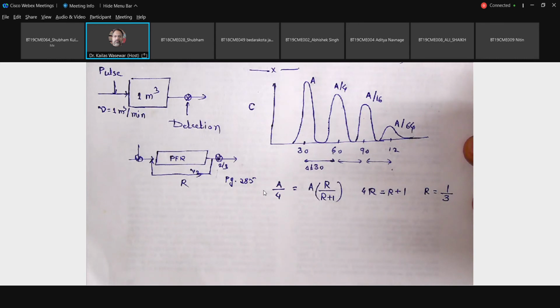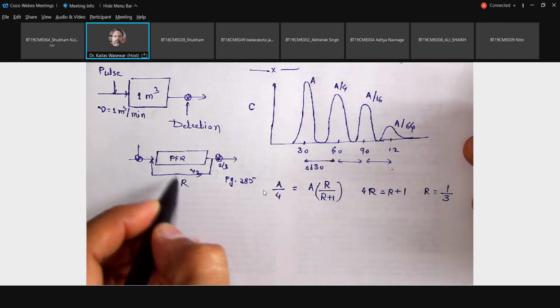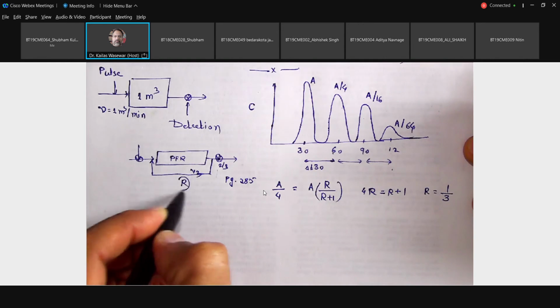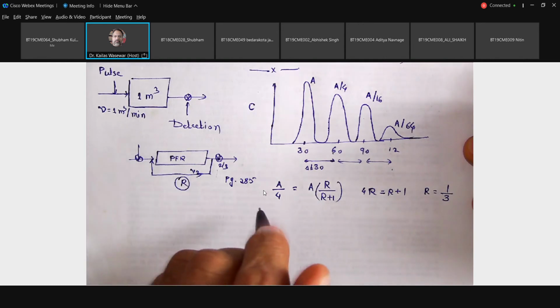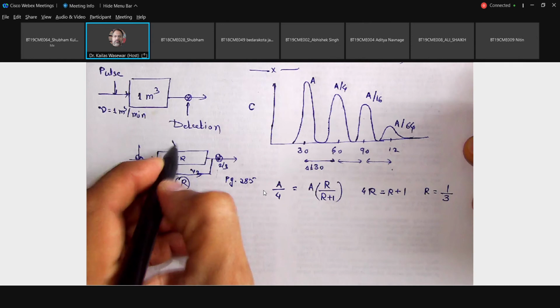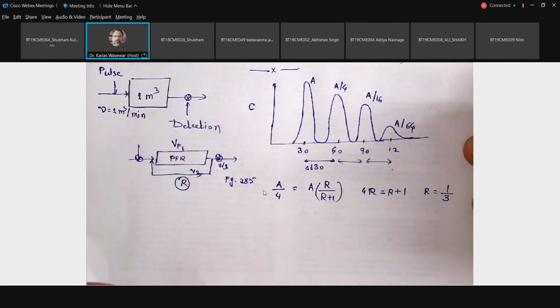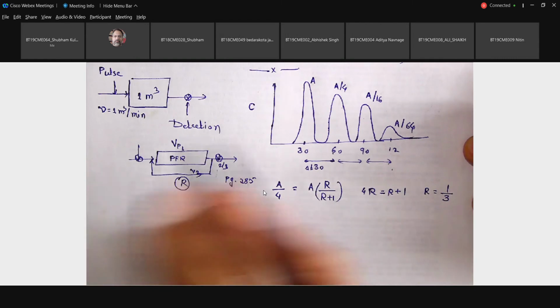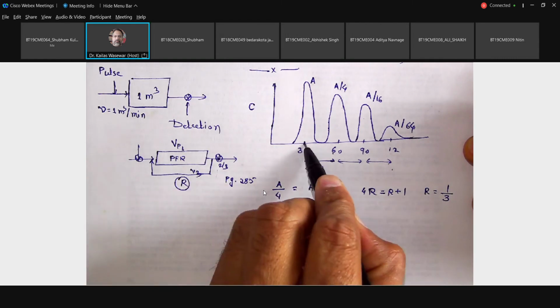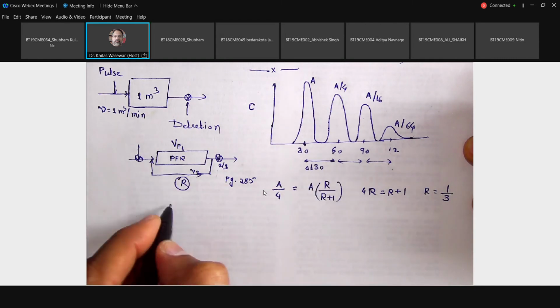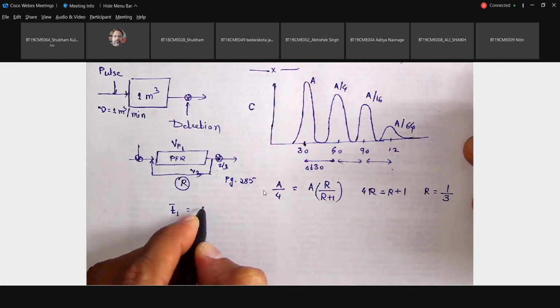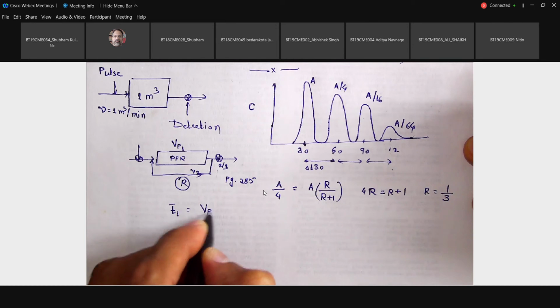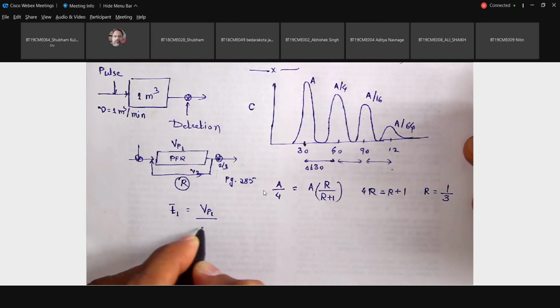So which other parameter is important? R we have calculated. Now we have to calculate the volume of the plug flow reactor. There are simple mathematical things here.